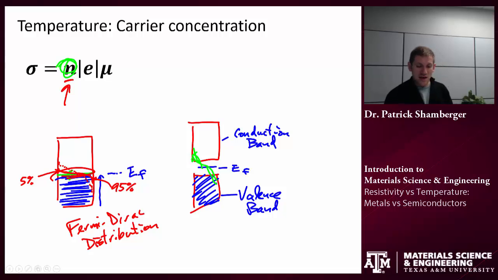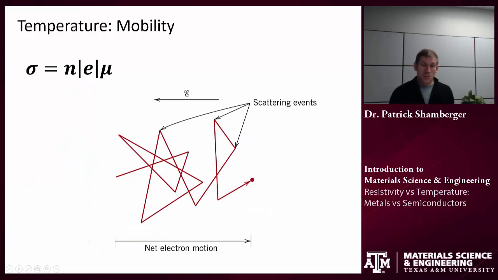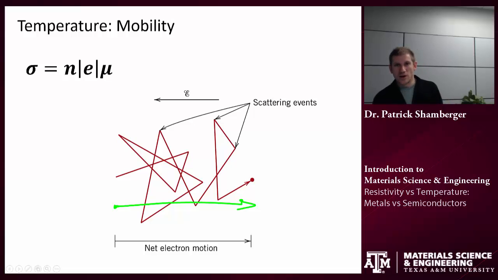So that was N. The charge is temperature independent, so that's not going to change. But next we need to focus on the mobility. With mobility, we need to think about these free carriers moving around. And when they hit some sort of defect, something that's a little bit out of place, they tend to scatter. So an electron does not flow smoothly from a high energy level to a low energy level. It is going to scatter repeatedly, right?